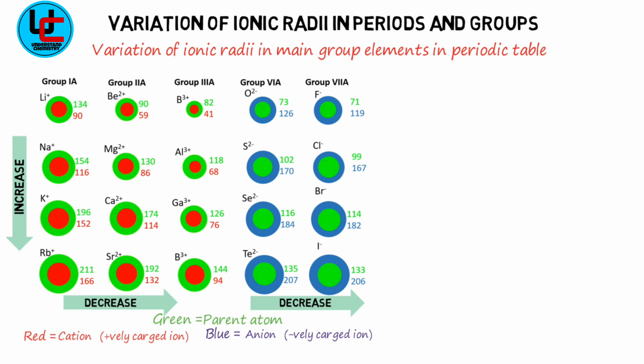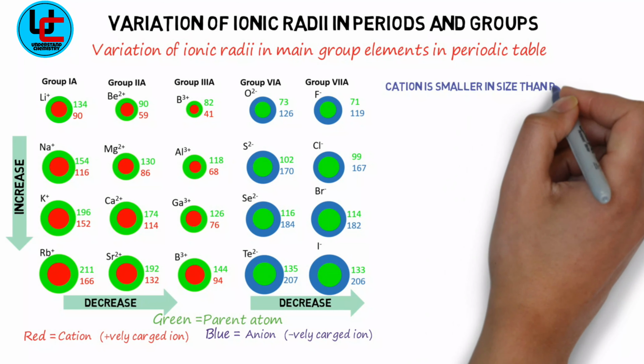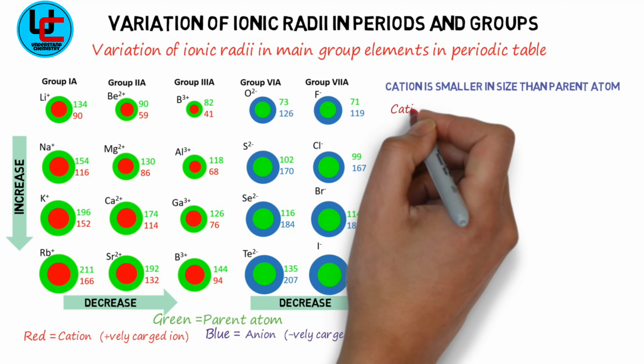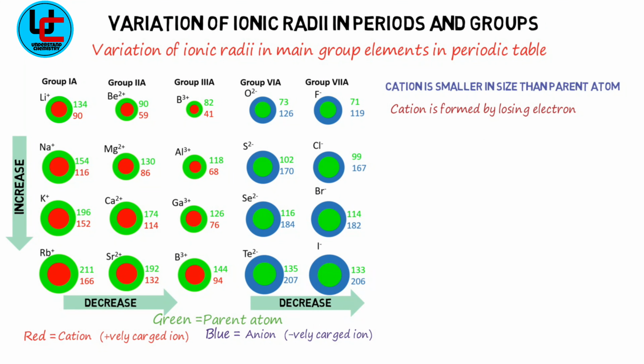If we compare the ionic radii of cation and anion with respect to the parent atom, we see that cation is always smaller in size than the parent atom, as cations are formed by losing electrons. Therefore, nuclear charge is more than the number of electrons. As a result, the nucleus pulls the electrons more strongly. Because of this, the size of cation shrinks compared to the parent atom.